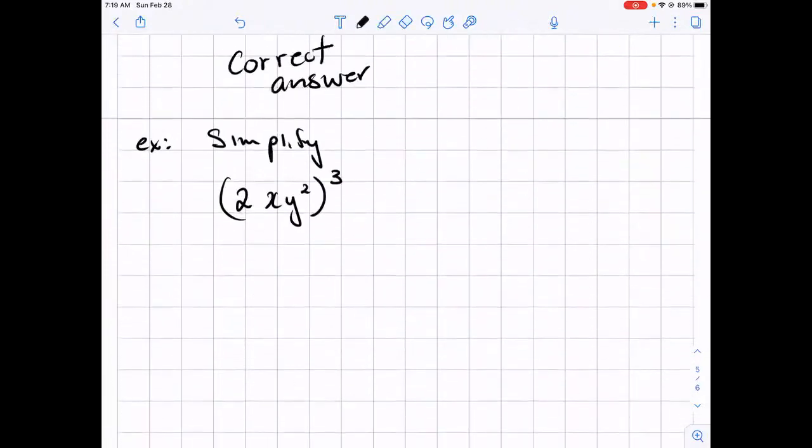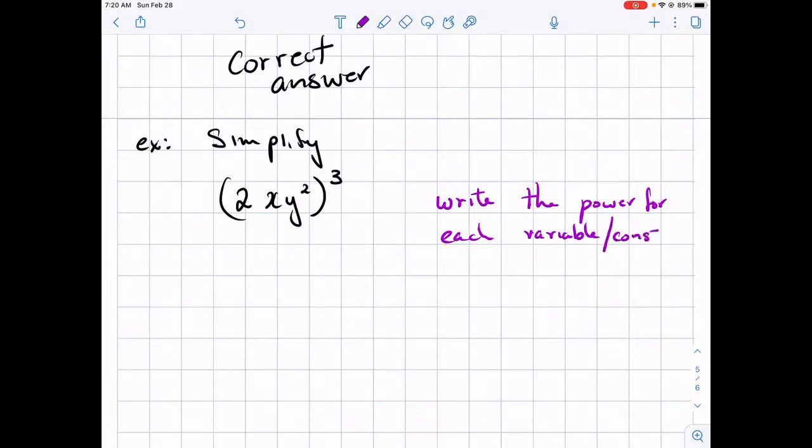So why don't we write the power for each variable slash constant. What I mean is write it as 2 to the first, x to the first, y squared is there, and the 3 is outside.